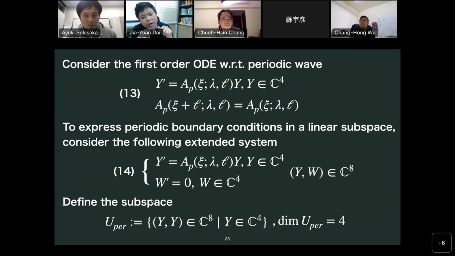Now you incorporate the unknown four real numbers into the extended system, and then you linearize. Then you obtain this y product and w product equation, I think. So already from the very beginning you consider an extended system. This is my guess.